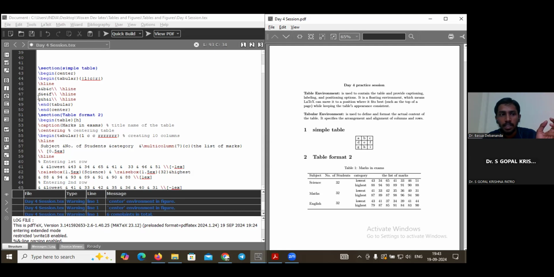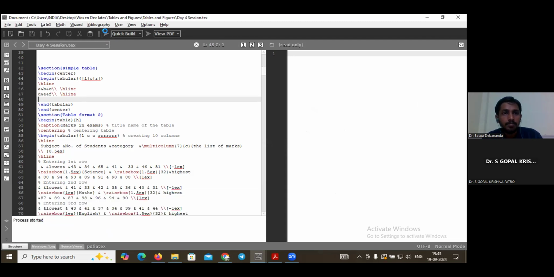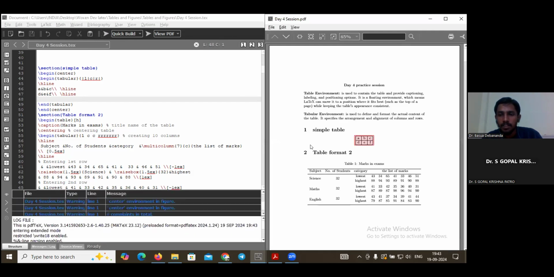If I cut this and run, see the output. I got 2 rows. You can decide how many rows you have to draw here.